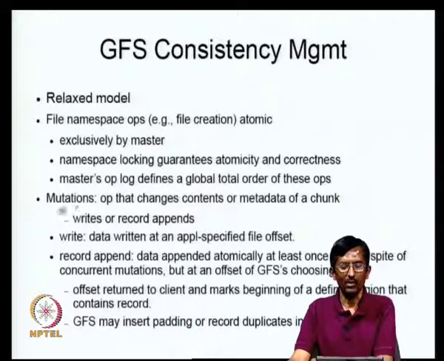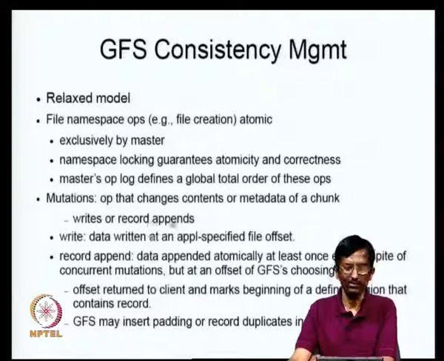First of all, let us define what a mutation is. It is an operation that changes contents or metadata of a chunk, and the types of mutations that we typically talk about are writes or record appends. In regular file systems you just call everything a write, even an append, but in this system they have given two names, a write and a record append.